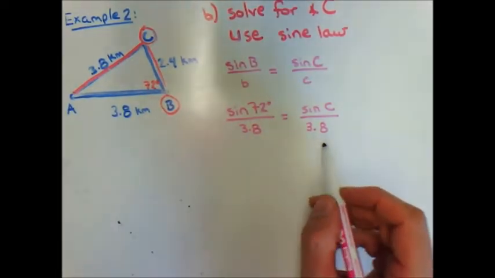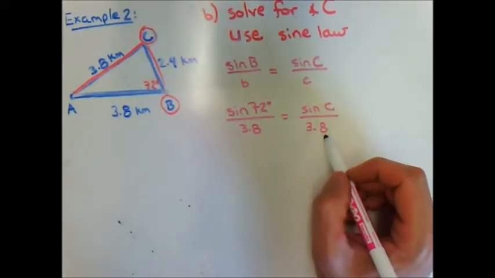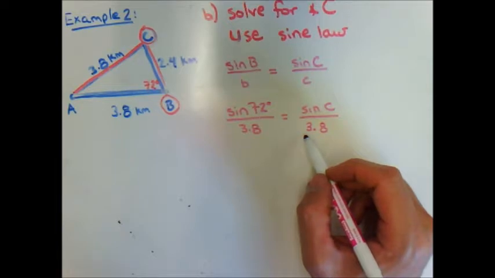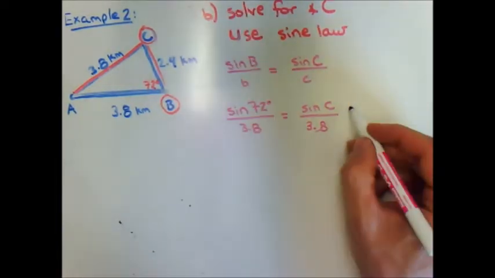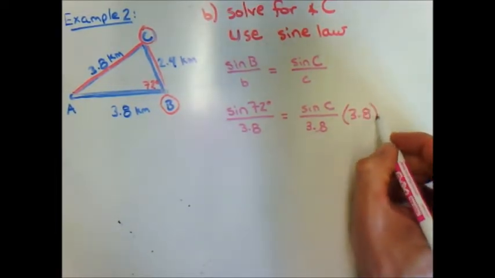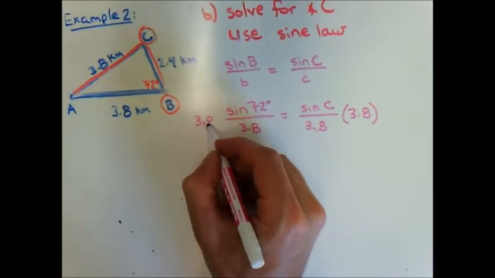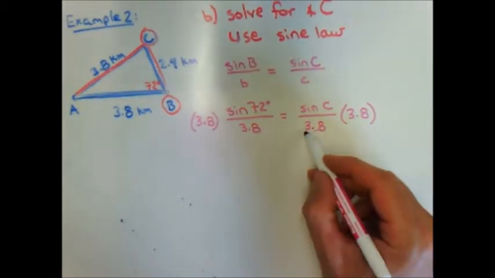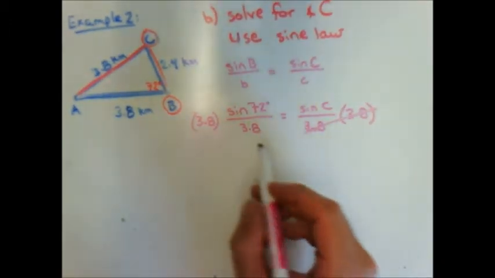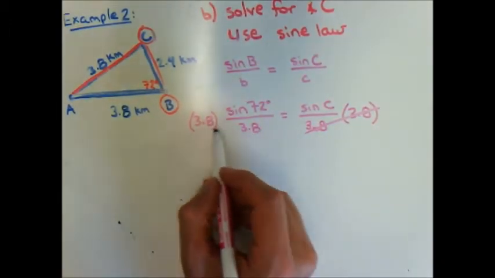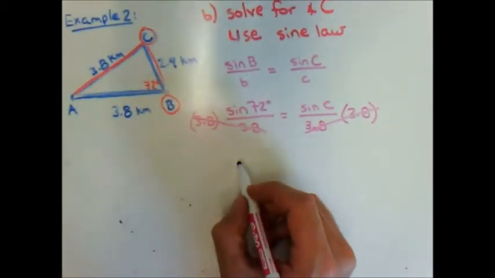We are going to multiply both sides by 3.8, which is going to cancel out on both sides. You'll see what happens here. Multiply this by 3.8, multiply this by 3.8, cancel out numerator and denominator here, and 3.8 in the numerator, 3.8 in the denominator, they cancel out.